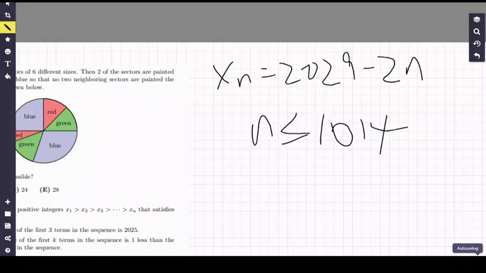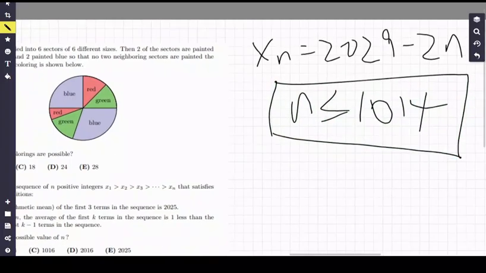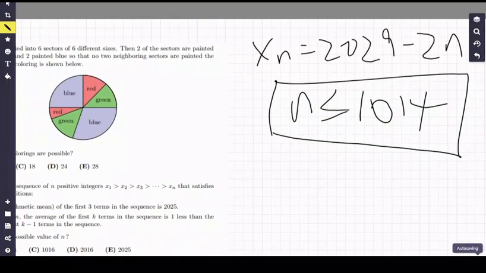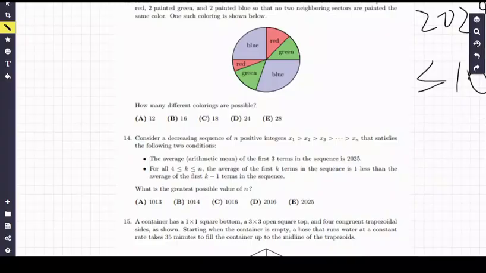Now we could check it to make sure we got it right. But since I'm not that type of person to check my answer, you guys could plug it back in and see if it satisfies everything. So you could go ahead and get B for this.